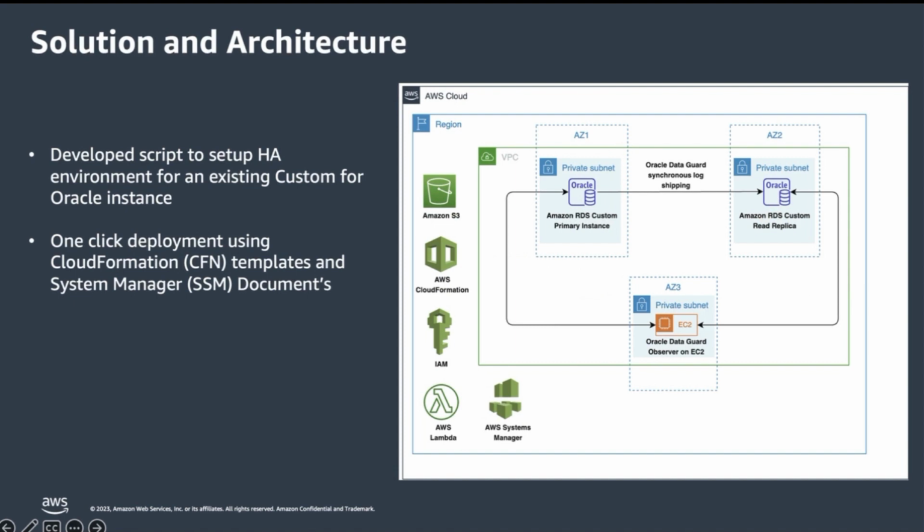Now, the architecture that you see here on the screen is what we have built. The underlying technology for this entire HA setup is Oracle's Data Guard along with Fast Start Failover. Just as a quick refresher, let's go through some of these terminologies.